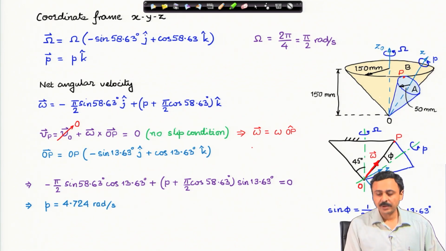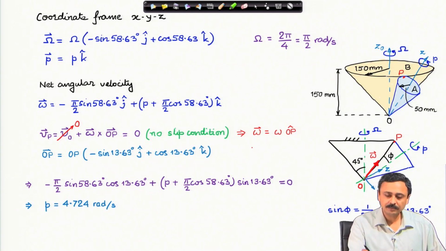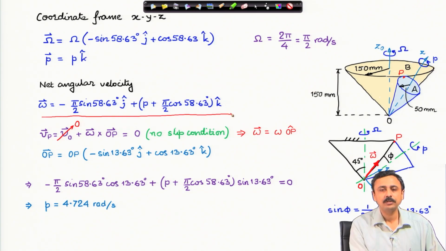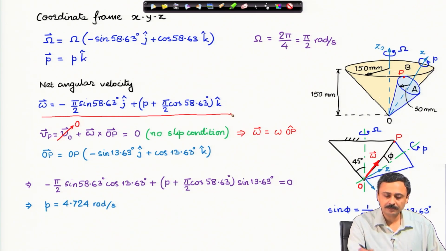Therefore, this spin speed of cone A is determined from the no slip condition on the line of contact, and once I know P, the net angular velocity of cone A is completely determined. It is given by this expression. If P is known, I know omega completely.